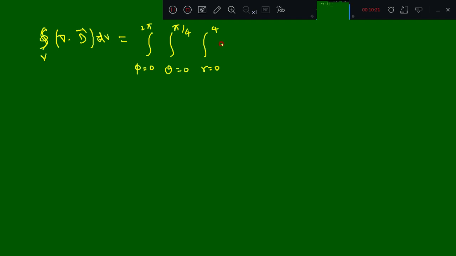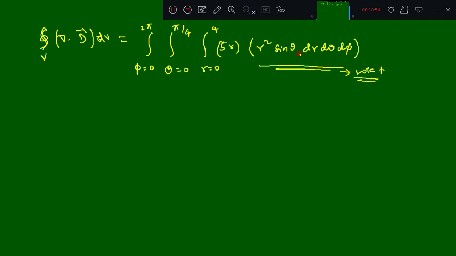So del dot D we have calculated is 5r. Then for dV we have r square sin theta dr d theta d phi. This is the dV value, which we came across earlier.